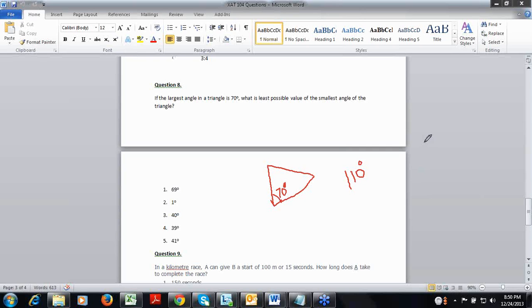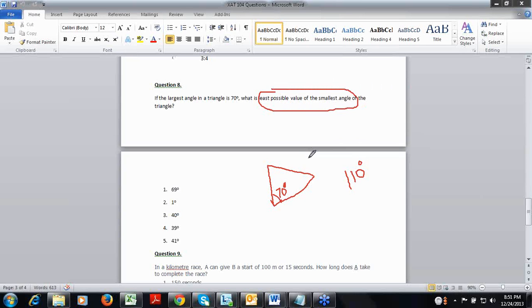Least possible value. So the sum of two angles should always be greater than the third angle, and all three angles should be equal to 180 degree. So these two things we need to keep in mind. The least possible value of the smallest angle, how can it be possible?